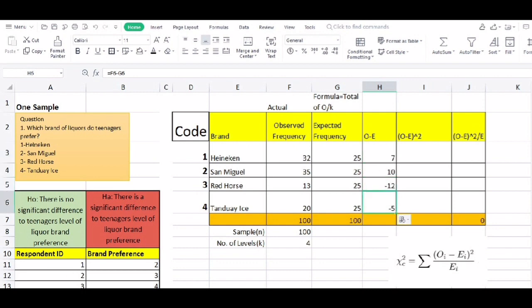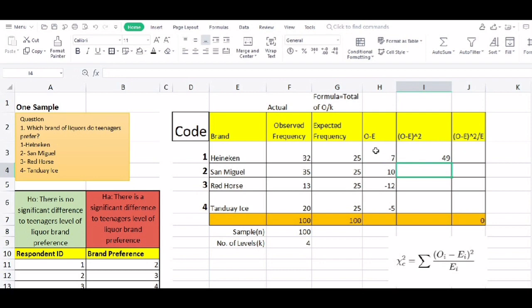The next thing that we will do, of course, is get this squared. And as you can see here, raised to the second power, I should say. So what are we going to do here? Since we already got the difference of the observed frequency and expected frequency, what we need to do is just click the cell and then Shift 6 and then 2.